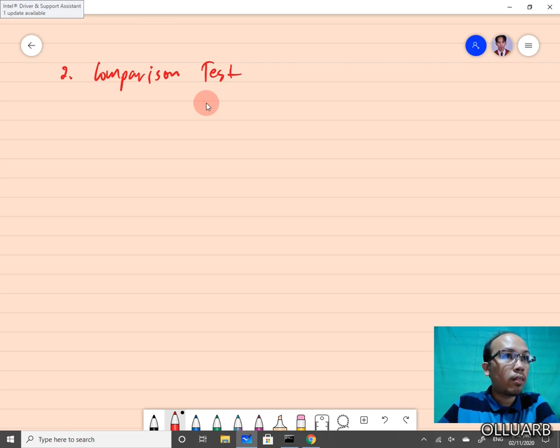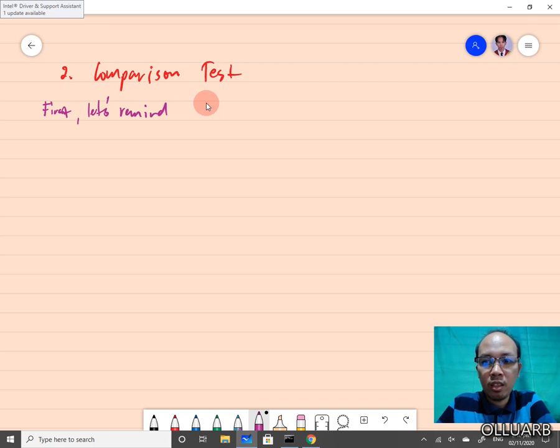So first, let's choose another color here. First, let's remind ourselves on how the comparison test or direct comparison test actually works.